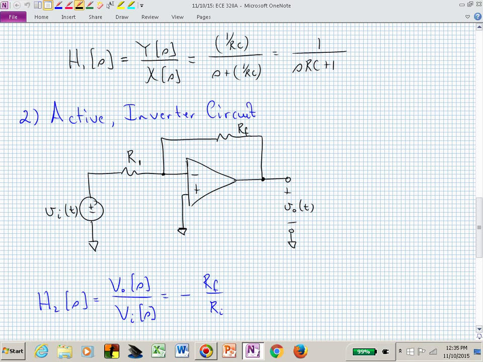And this particular circuit simply scales the input by this ratio of resistors, R sub F over R sub 1. And this one actually inverts that signal, which may not be a big deal if you're just worrying about sinusoidal inputs. It's just 180 degrees away, but you're scaling, either attenuating or amplifying, depending on how you've selected R sub F and R sub 1.